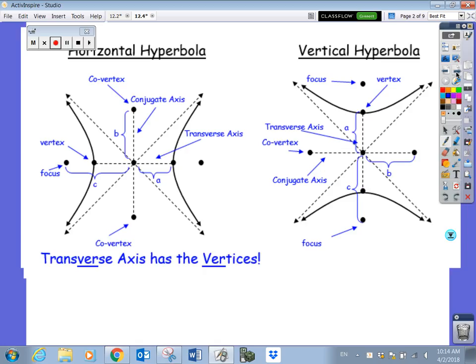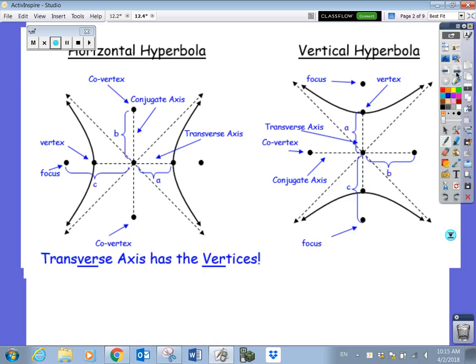Notice that the focus is outside. It's further away from the center than the vertices, which is the opposite of ellipses. Ellipses go center, focus, vertices. Hyperbolas are center, vertices, focus. So that's one way you can tell the difference when you're given information. If you're given the vertices and the focus, or a vertex and a focus, and the center, you can determine whether it's a hyperbola or ellipse just by the location of the focus.